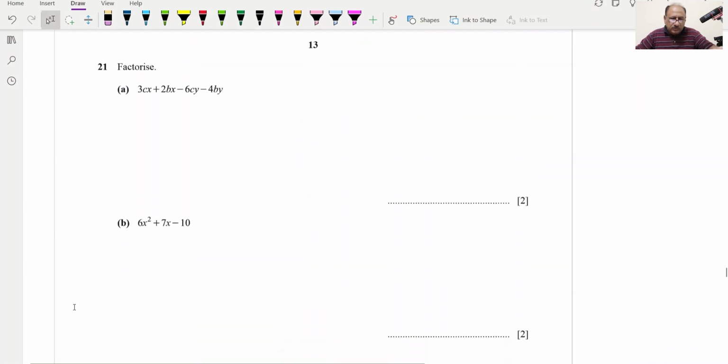Now question number 21. Question 21 says we have to factorize this. We will be making a first pair and a second pair.